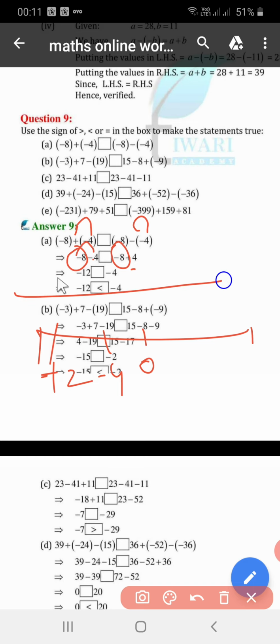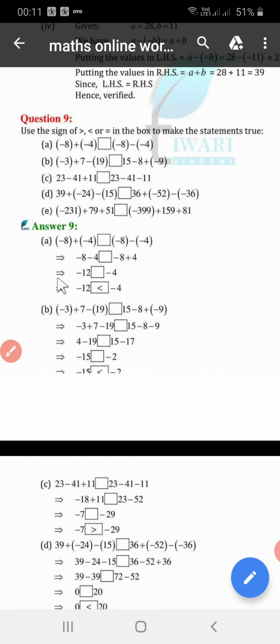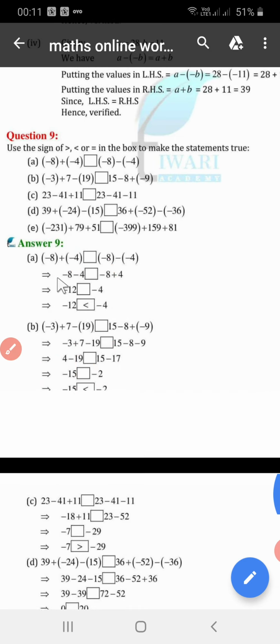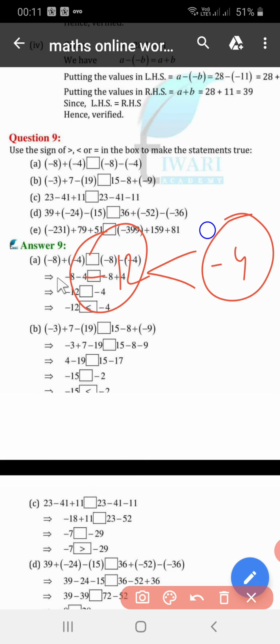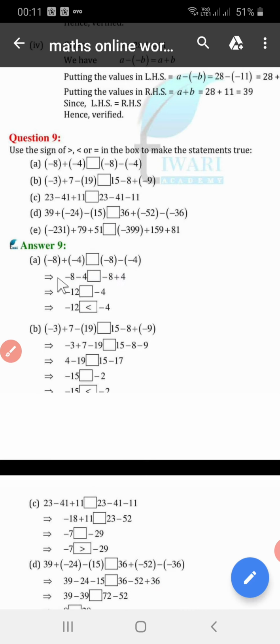As we move right hand side, values increase, so minus 4 is greater than minus 12. So here which one is greater? Minus 4 is greater, so we have to put minus 12 is less than minus 4. Is it clear?